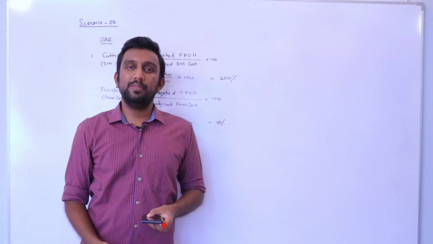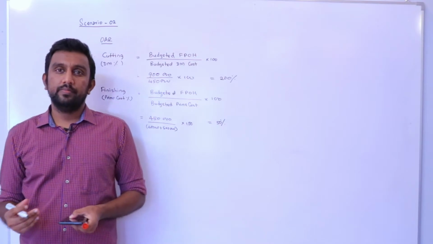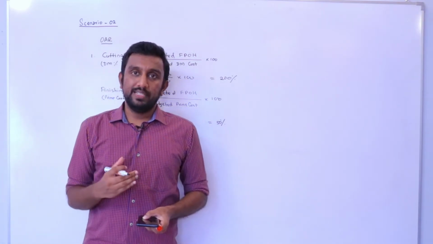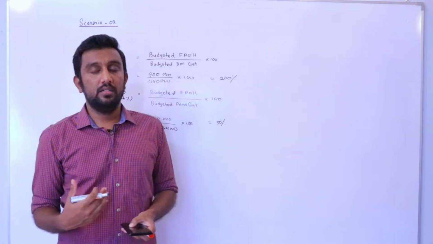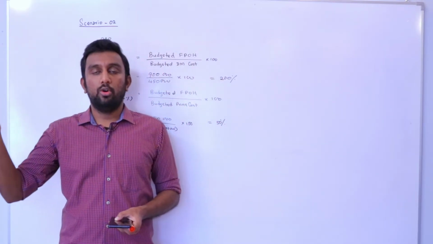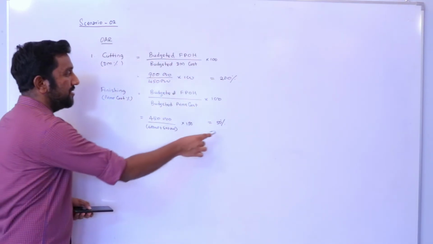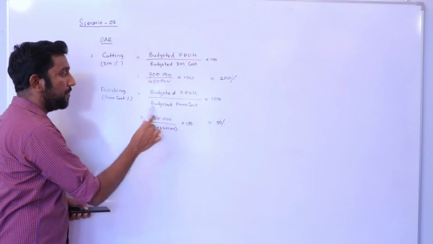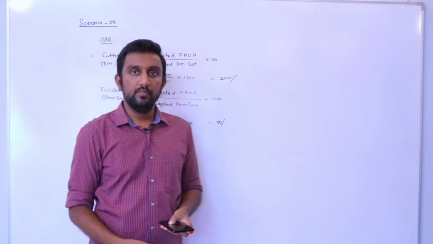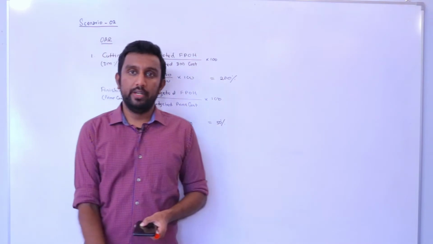So what does 200% and 50% mean? In the cutting department, 200% of direct material is your absorbed fixed production overhead. Then in the finishing department, 50% of the prime cost of the product will be your absorbed overheads.